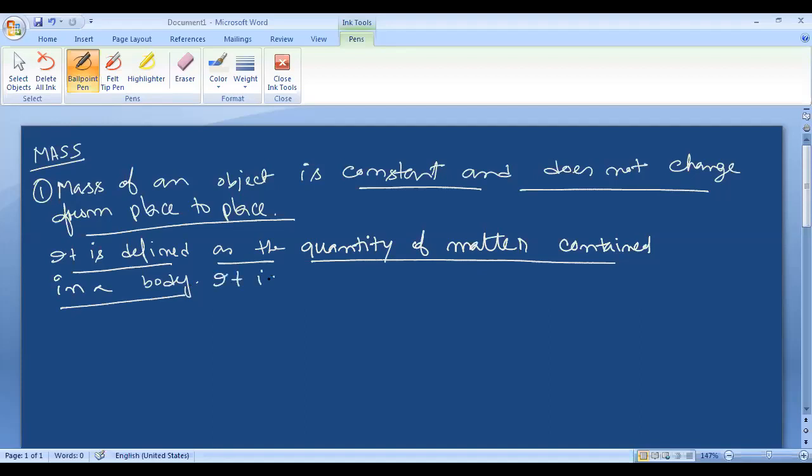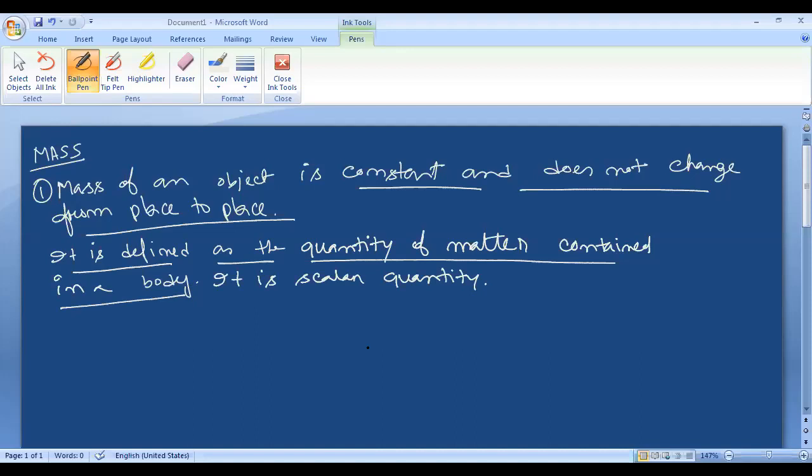Do you know what is scalar quantity, vector quantity? Anyone? Scalar quantity means the quantity which has only magnitude, and vector quantity means the quantity which has magnitude and direction.